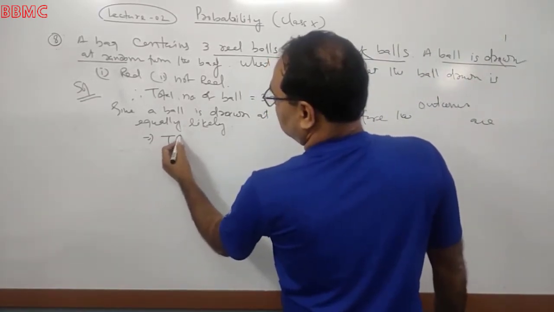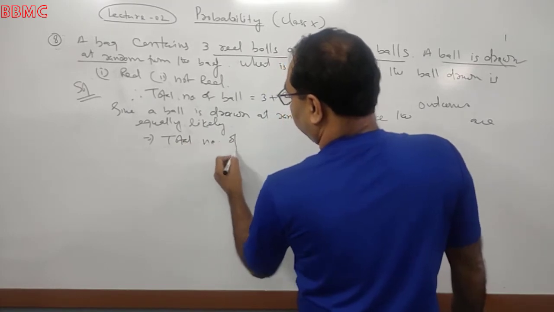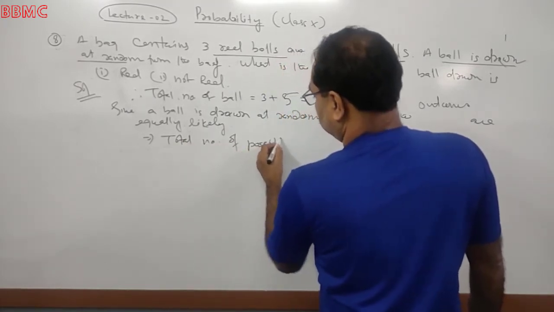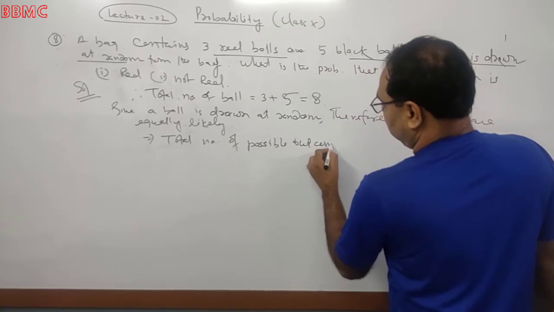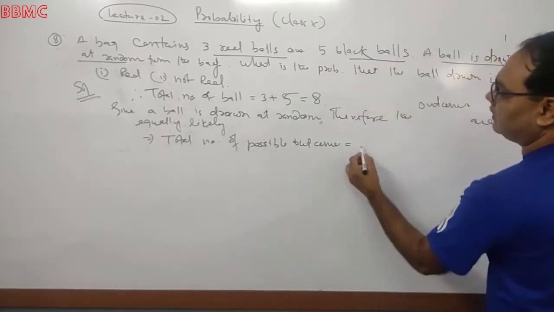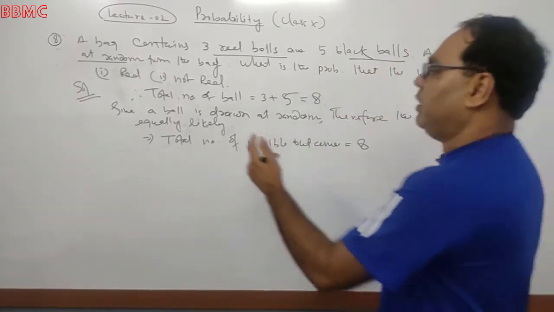This implies the total number of possible outcomes is equal to 8. This is the main line you have to write.